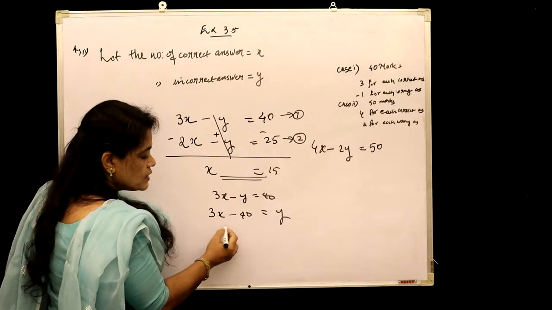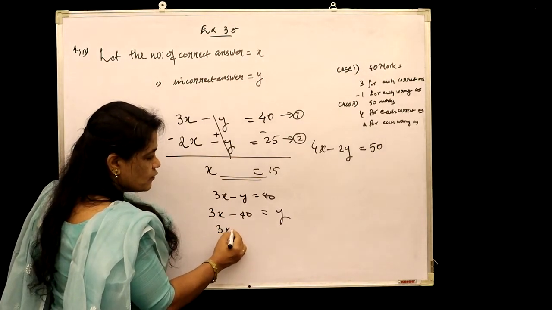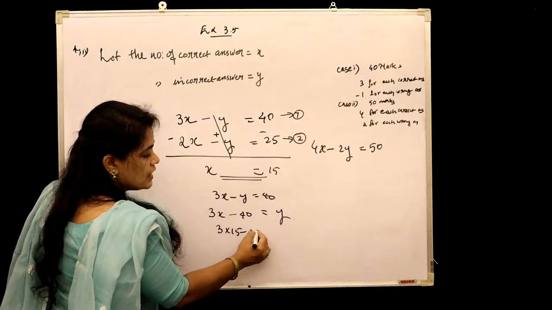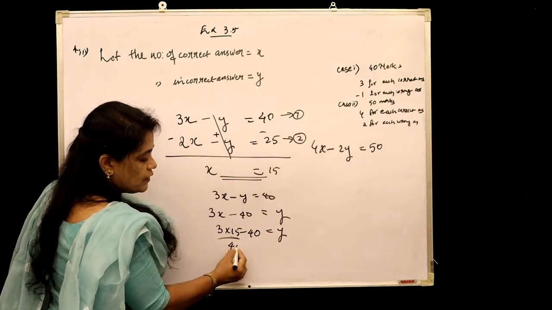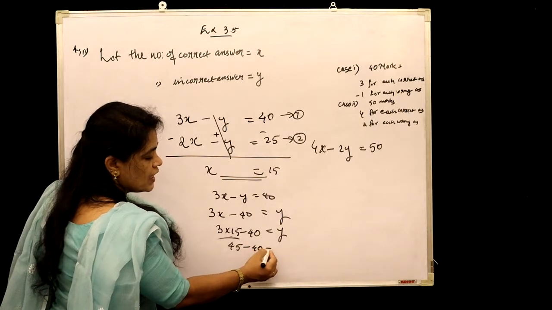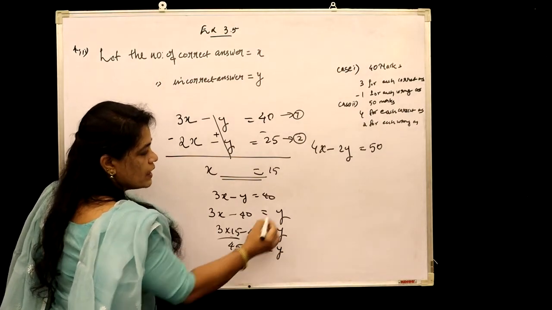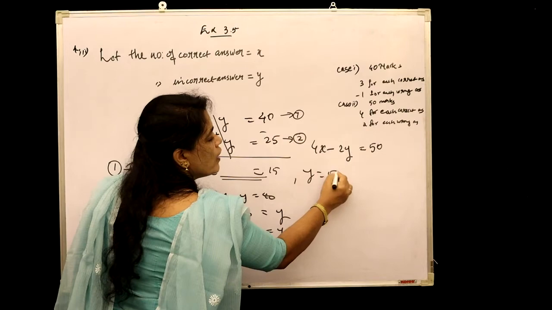So then you can substitute x as 15: 3 into 15, 45, minus 40 equal to y, that is y is equal to 5.